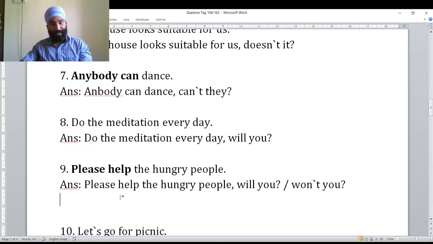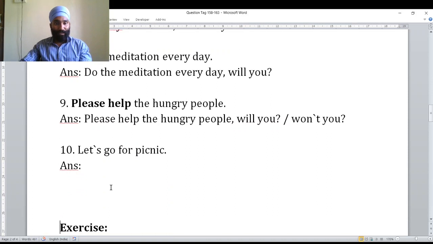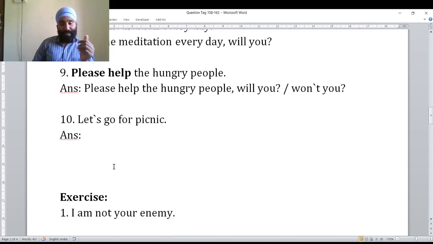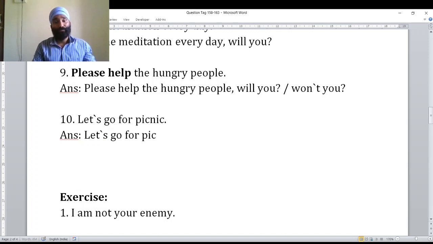Let us see the next example. Let's go for picnic. This is also a type of imperative sentence, but beginning with let's. Let's means the plural form, let us. So how to add a question tag for it? Write the sentence as it is: Let's go for picnic, comma. In sentences which begin with let's, we always use the helping verb shall.